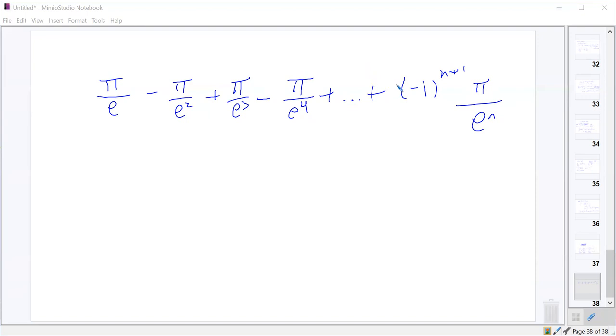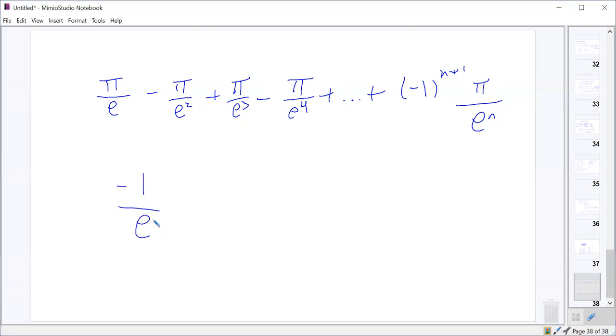So we would note, if we're looking at this, what is the common ratio between the terms here? You should see that each one is being successively multiplied by -1 over e.